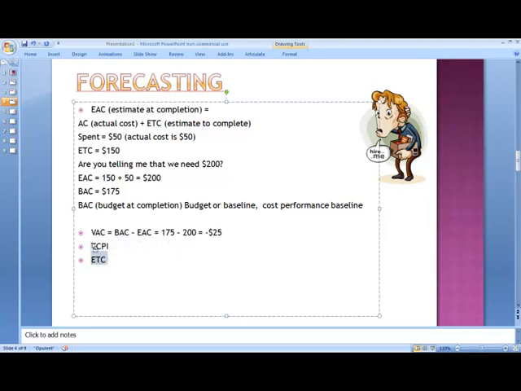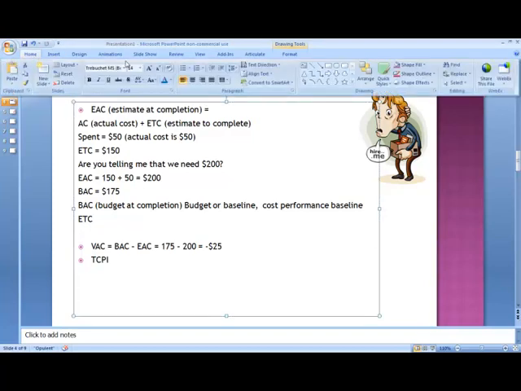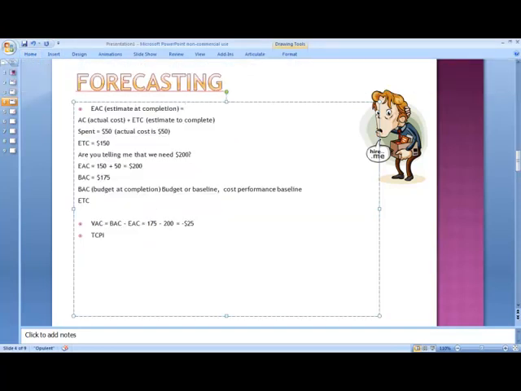Of course, you can always get your ETC from up here in this formula, where we've got EAC is equal to AC plus ETC. You can always get your ETC calculated from that formula.